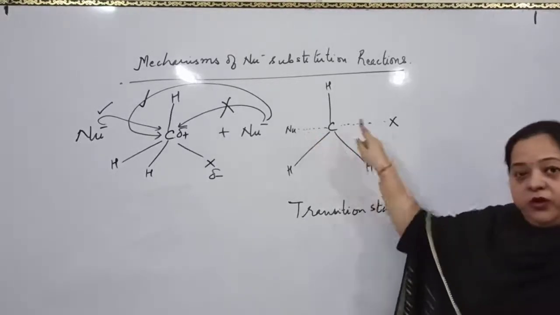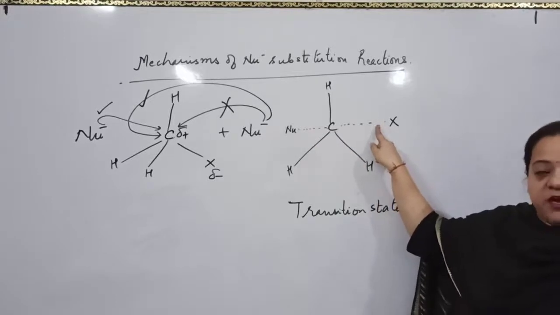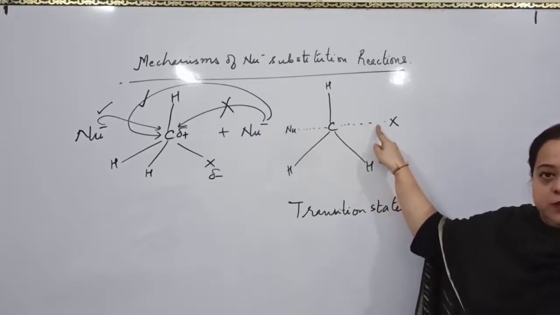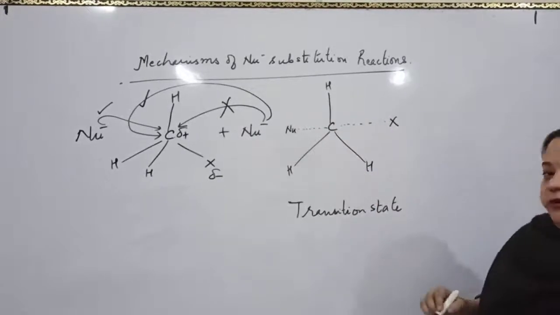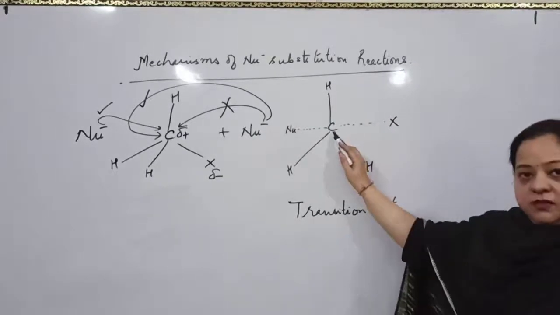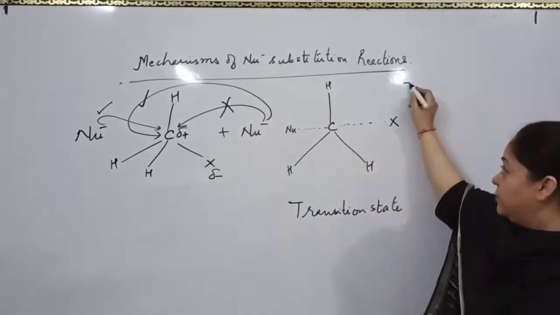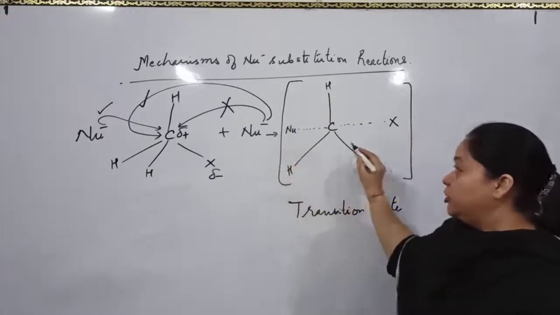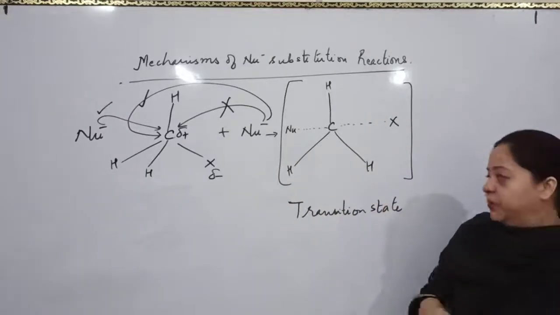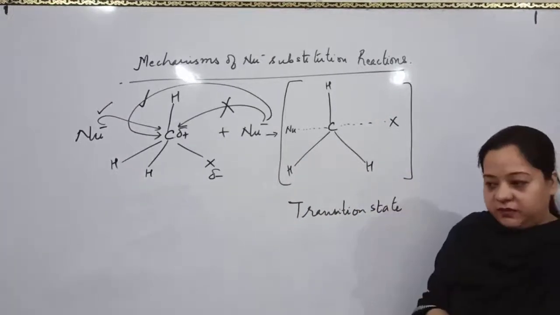This is the half bond, this is the half bond. Carbon can never form 5 bonds. Although these groups are 5, the bonds are not 5. And this transition state is very short-lived, it cannot be isolated, so it is put into a square bracket, which represents that it is highly unstable.